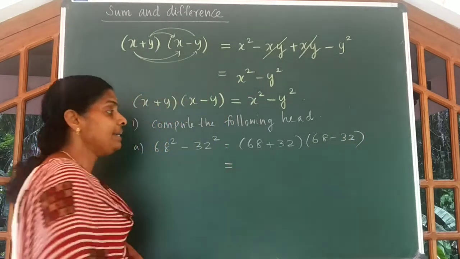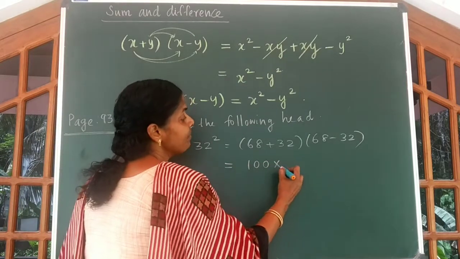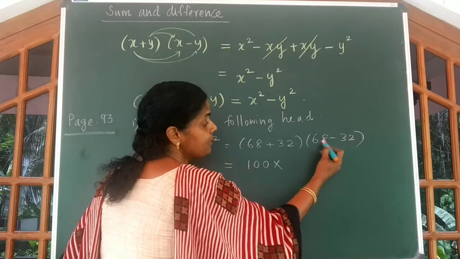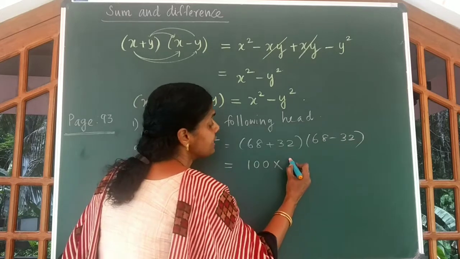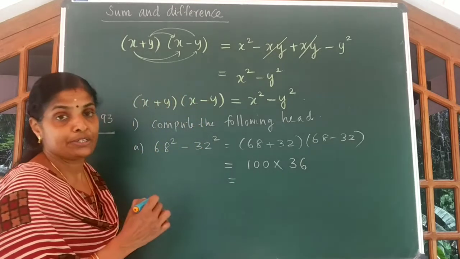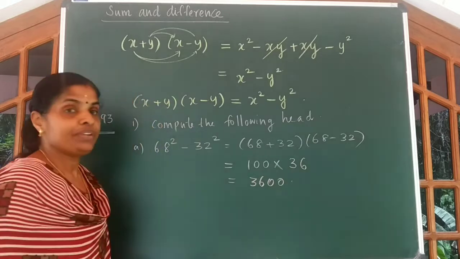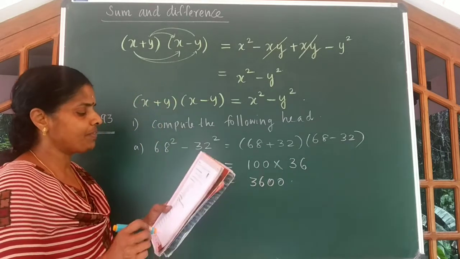When you add 68 plus 32, you get 100. When you subtract 32 from 68, you get 36. So what is the answer? 36 into 100 gives you 3600.